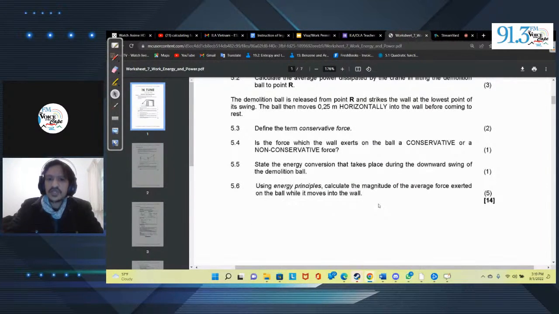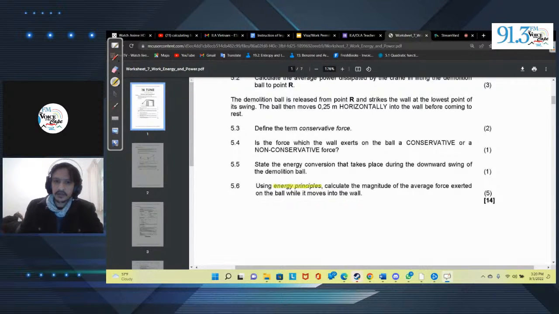5.6, using energy principles, calculate the magnitude of the average force exerted on the ball while it moves into the wall. So we need to use, first of all, energy principles.